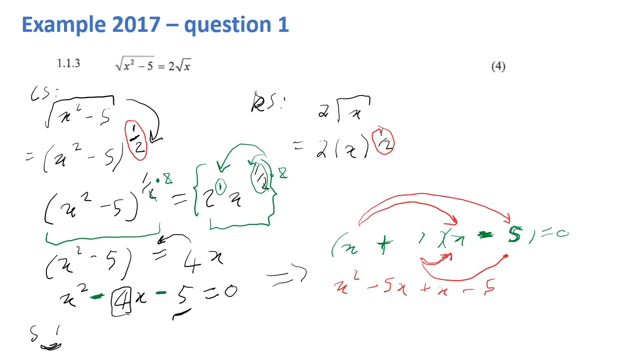By placing this minus at the largest numerical value, I can make sure that when I simplify this, I do get minus 4x. So the solution to the question is x equals minus 1 or x equals 5.